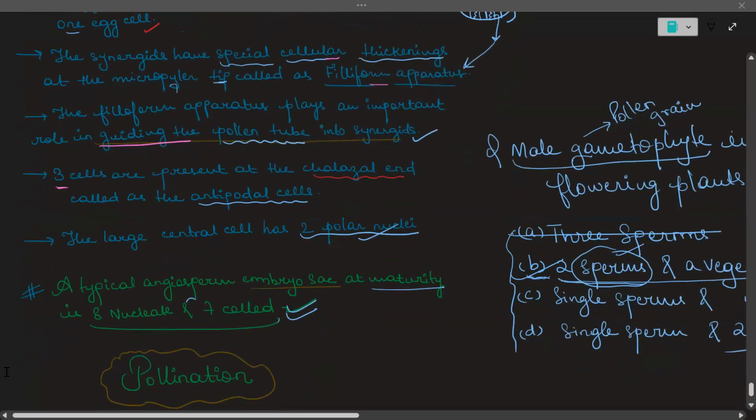Yes, ma'am. All right. Wait, now we'll start with pollination.